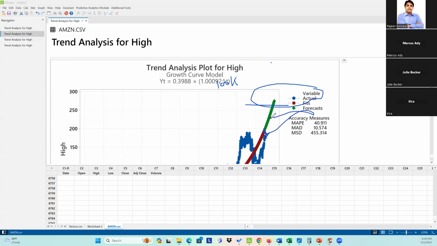So very close means lower values of these accuracy measures. And if this is small, then yes, better. Great, thank you. You're welcome.